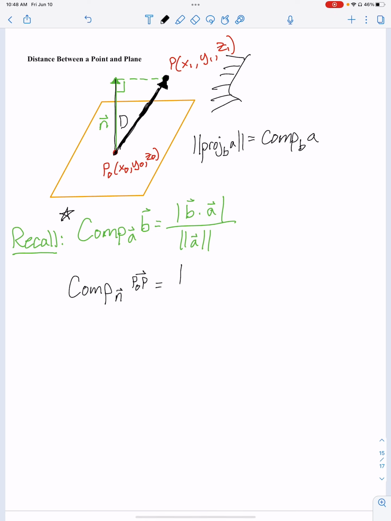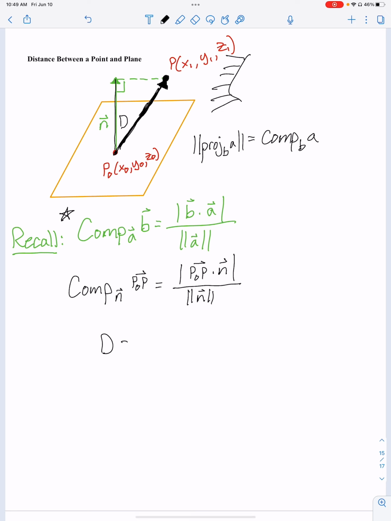If I follow this formula, this is the P naught P vector, dotted with my normal vector, divided by the magnitude of our normal vector.